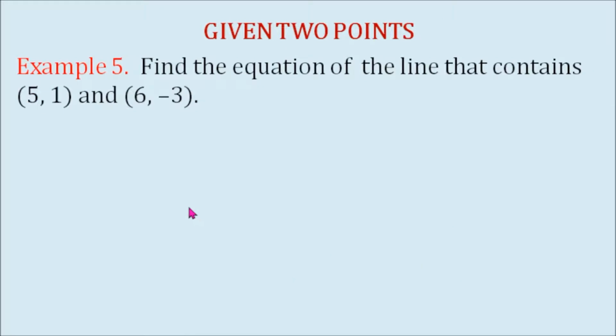Now, let's find the equation of the line given 2 points. Example number 5. Find the equation of the line that contains point 5, 1 and point 6, -3. We don't have the slope here, and we don't have the y-intercept either.